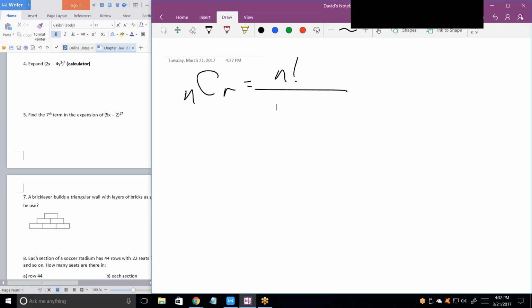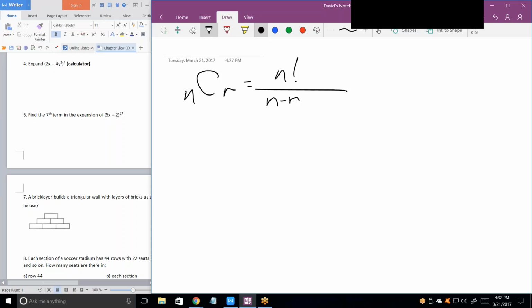So what does n choose r equal? That's how you pronounce this: n choose r. It's n factorial, because when the order doesn't matter... Here's the way I remember it.